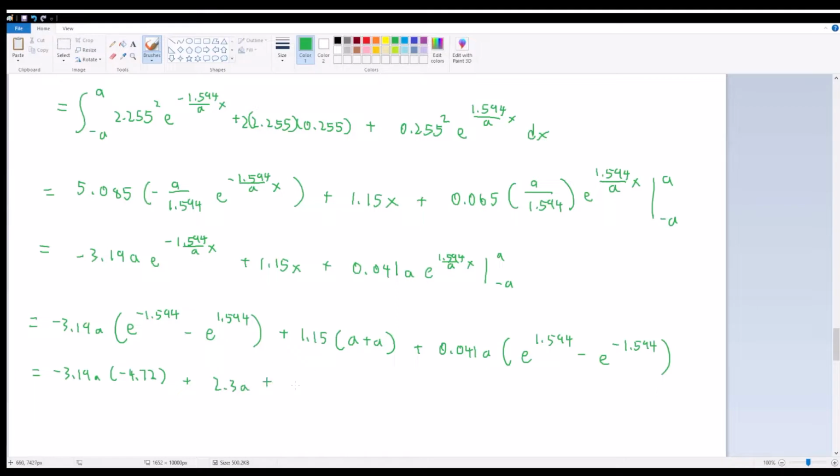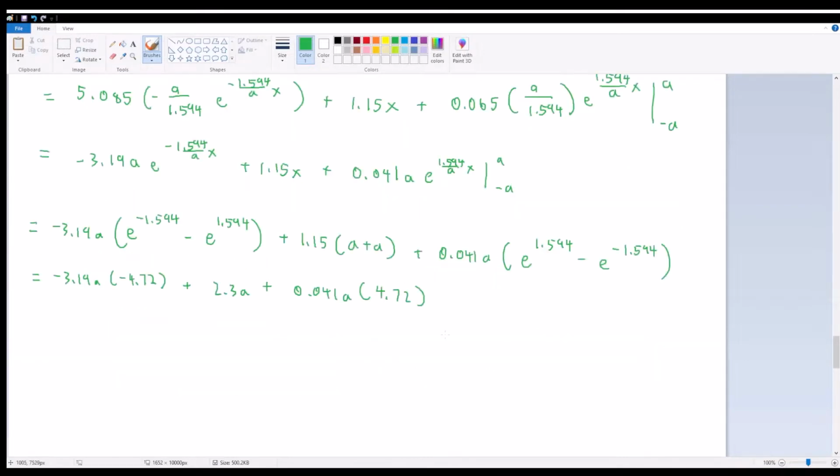And then we're adding 0.041a multiplied by, and then we have this time e to the positive 1.594 subtracted by e to the negative 1.594. This is going to give us 4.72 positive.